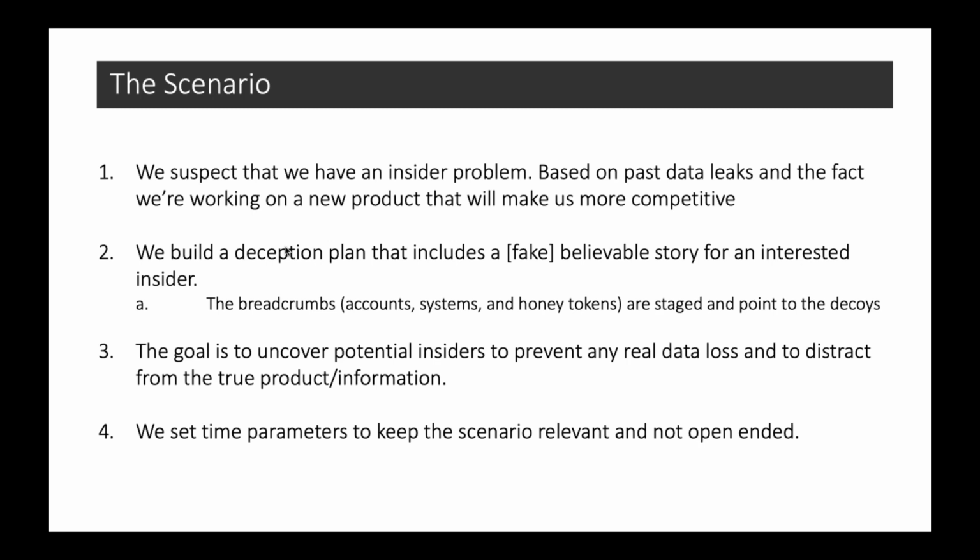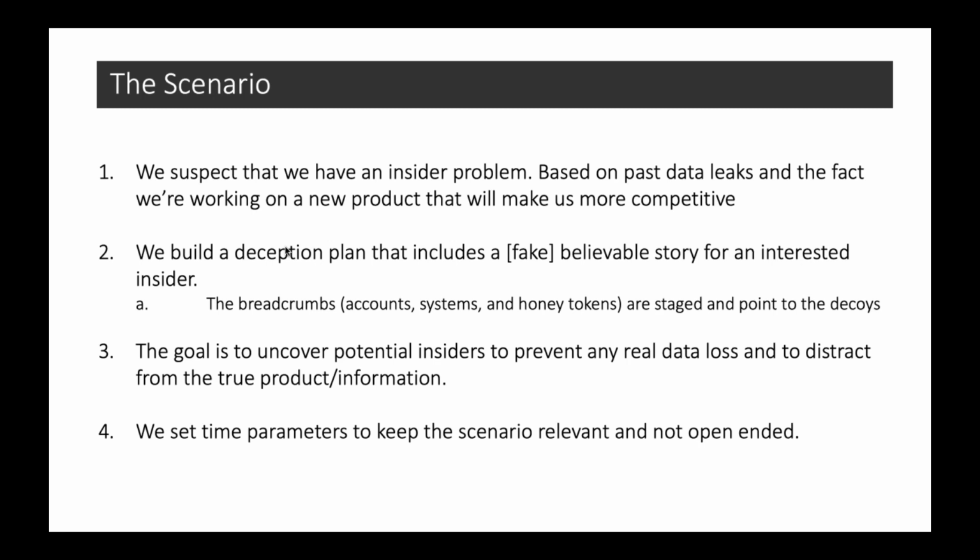So in this scenario, we've built a deception plan that includes a fake, but believable, story for an interested insider. In the deception world, they have this notion of breadcrumbs. Essentially those are the path back to the system, or decoy, that we want that attacker to go to.